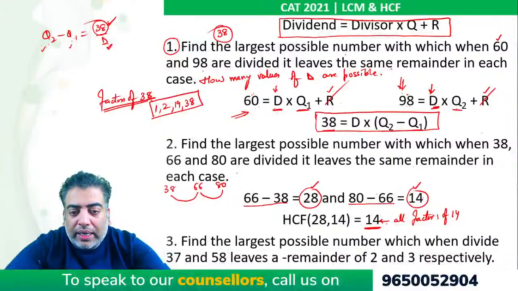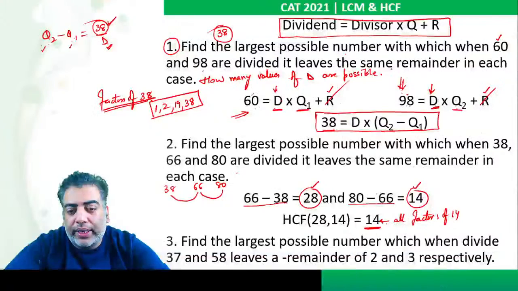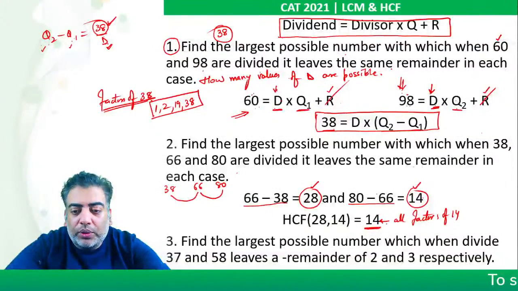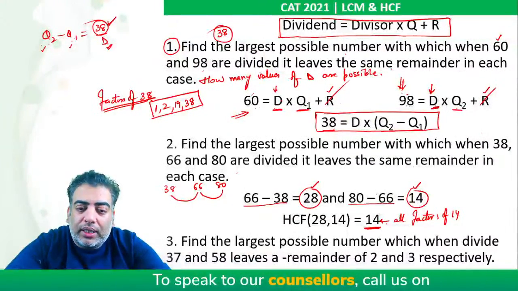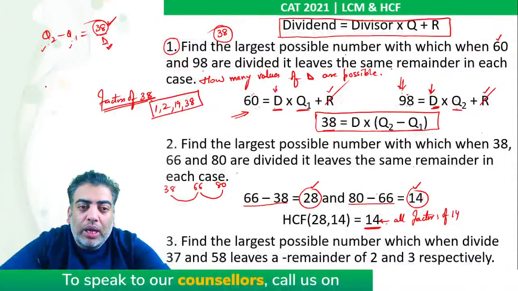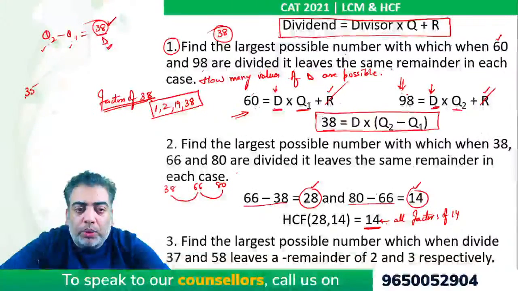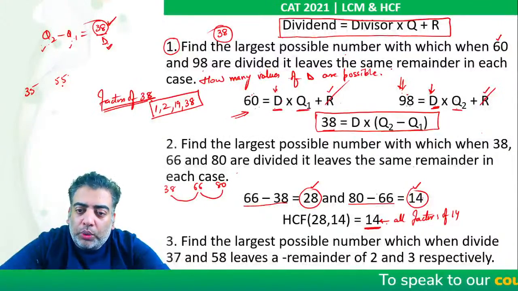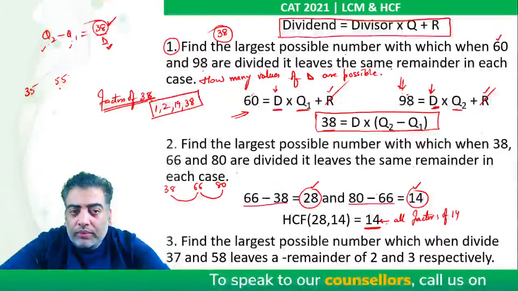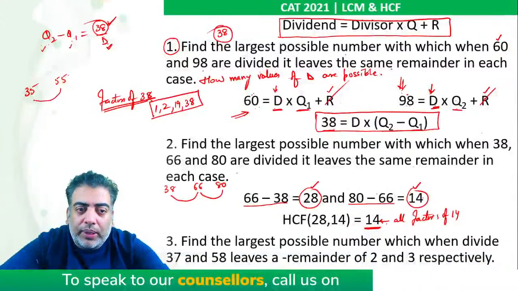In the third he says, find the largest possible number which when divides 37 and 58 leaves a remainder of 2 and 3 respectively. So a number divided 37 with remainder 2, so it will completely divide 35. It divided 58 with remainder 3, so 58 minus 3 is 55, so definitely it will completely divide 55. So the required answer in this case will be the difference of these two, which comes out to be 20.